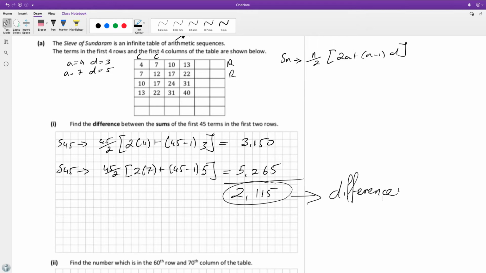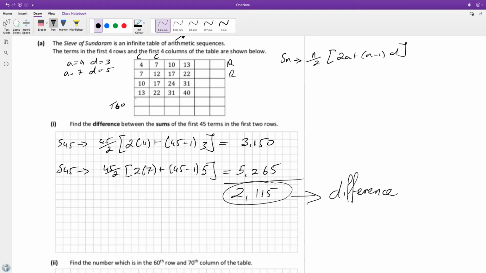So if you go down the first column and get T60, right? Go down here and get term 70 in a second. No, that's not going to work.